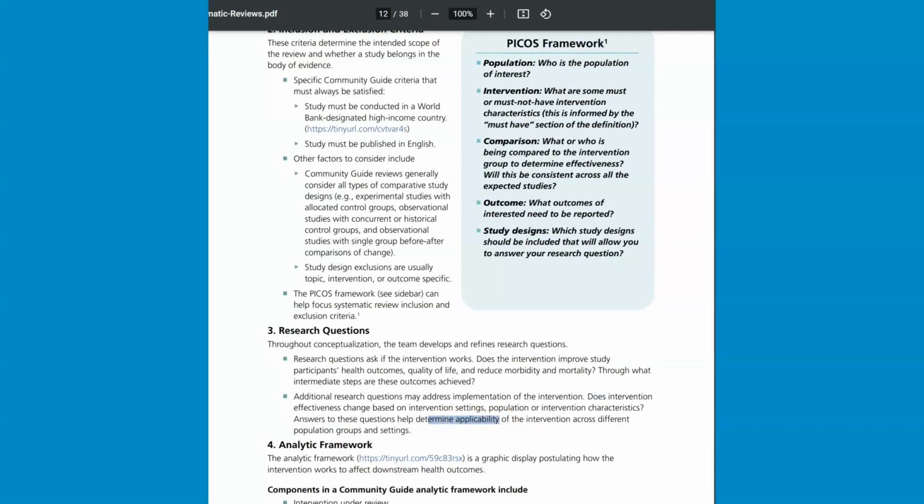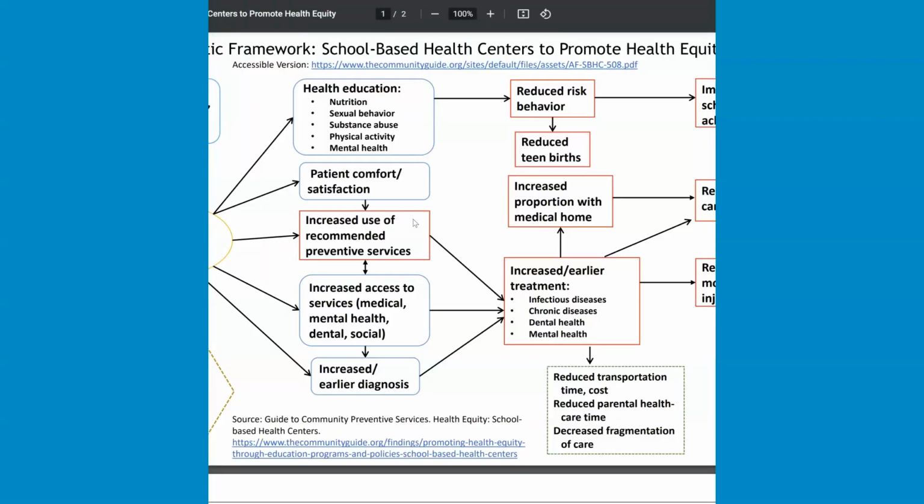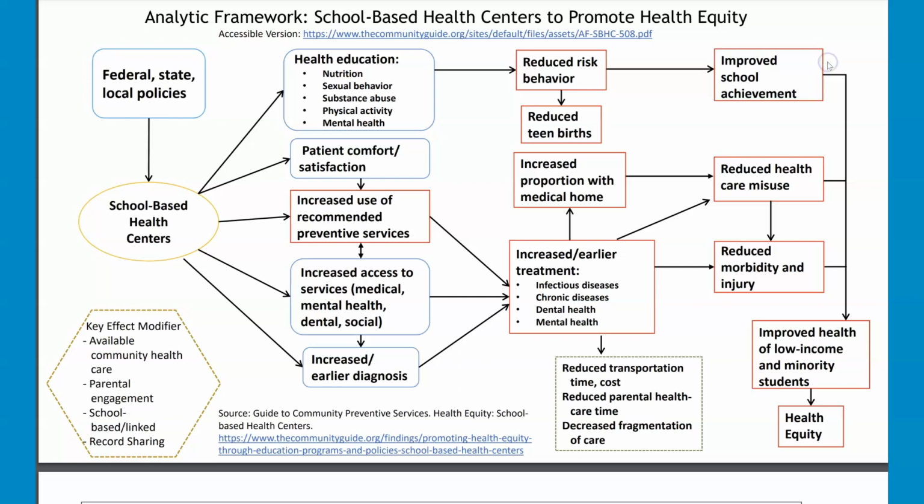The fourth part of the fourth step is the analytic framework. And there's no better way to do this than to show you one of the analytic frameworks. So here we go, and I'm going to adjust this frame. Here's a sample analytic framework, and there's a lot of different things going on.